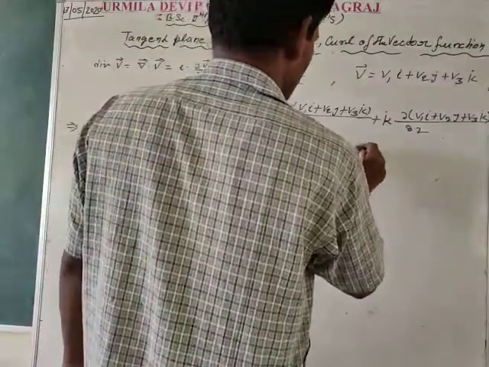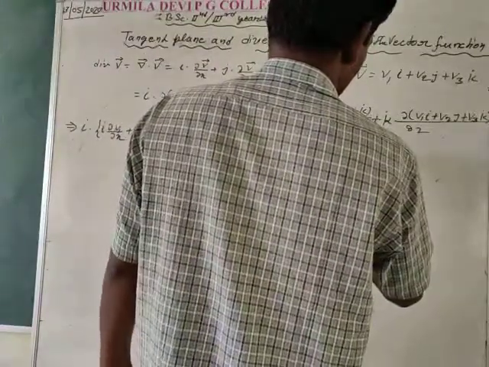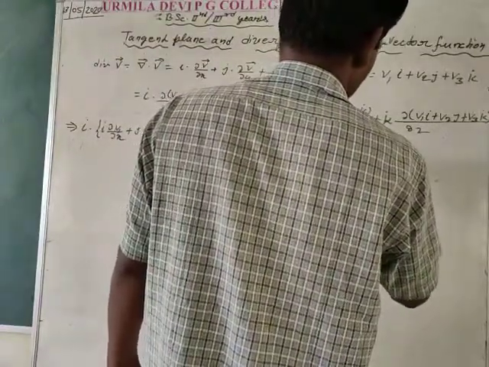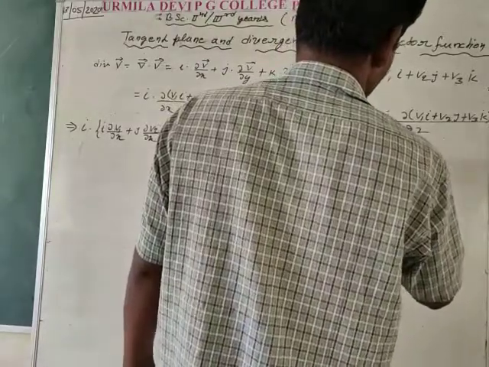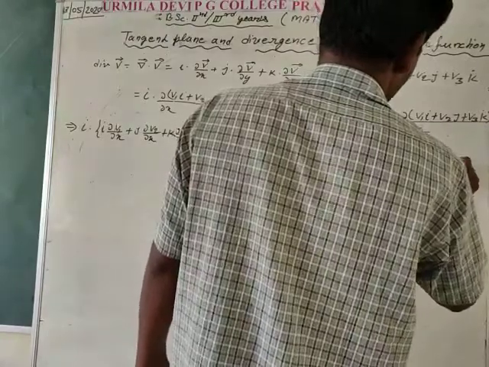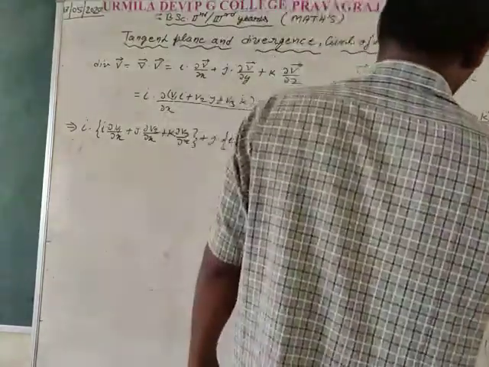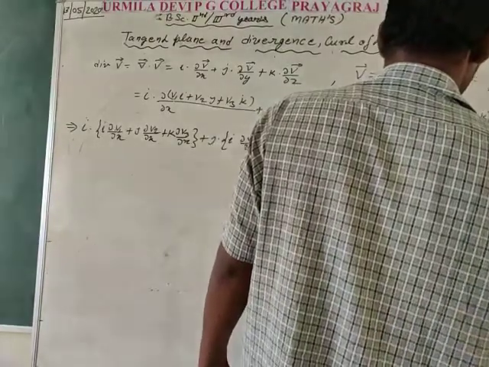Then k dot: i times del V1 by del z plus j times del V2 by del z plus k times del V3 by del z.